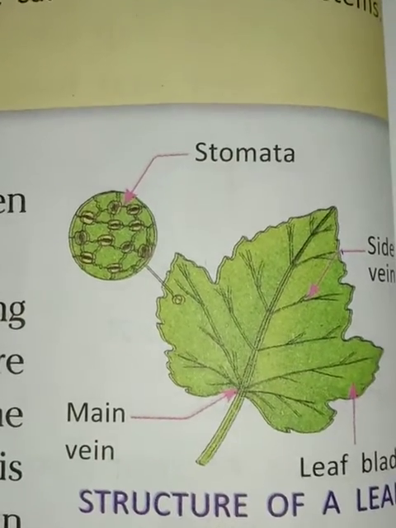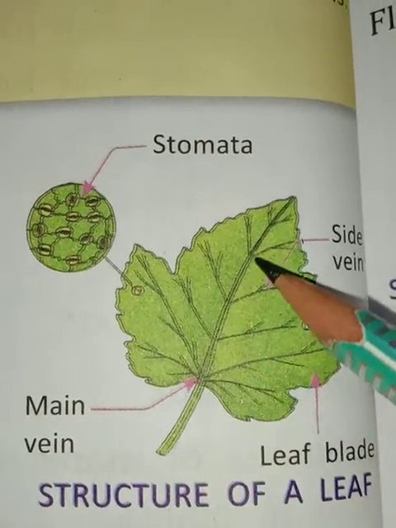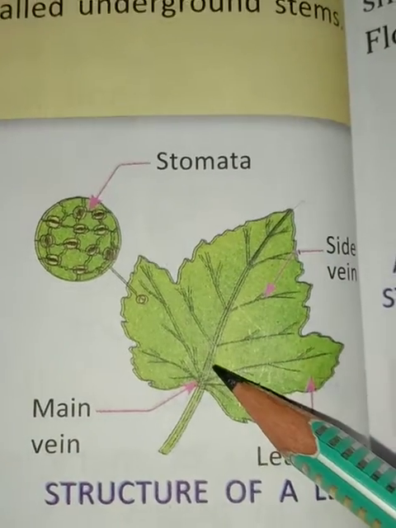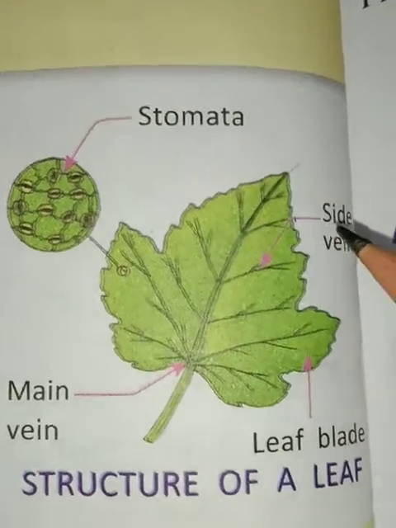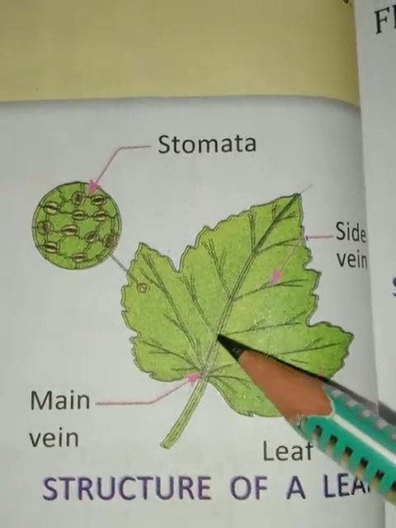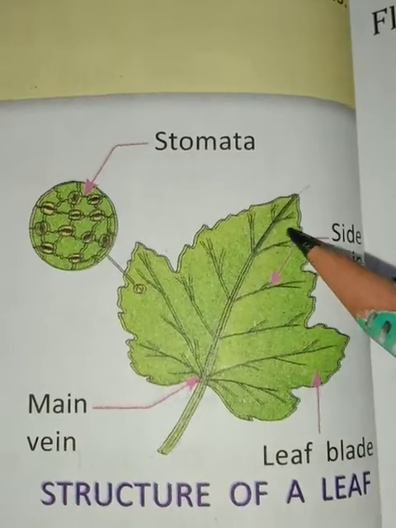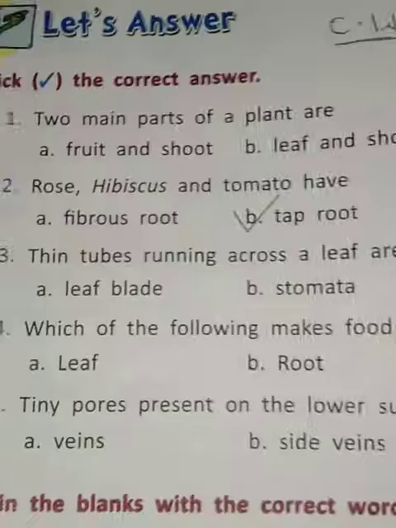Now students, there are two types of veins. First is the main vein, and second is the side vein. You can see in this diagram, this is the main vein and these are all side veins. Okay, now clear?